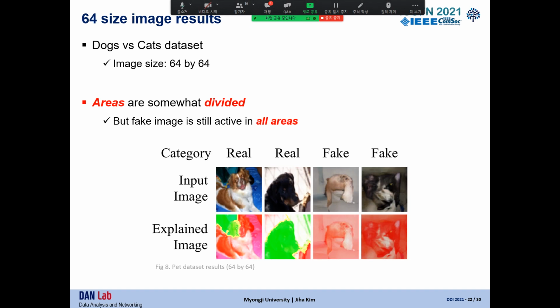This figure shows the results of image size 64. The explanation is more clearly divided compared to the previous 32 size image. However, the fake image is still active throughout the area.